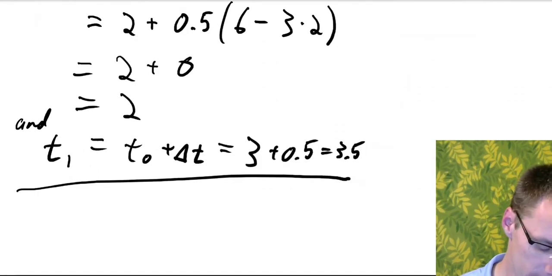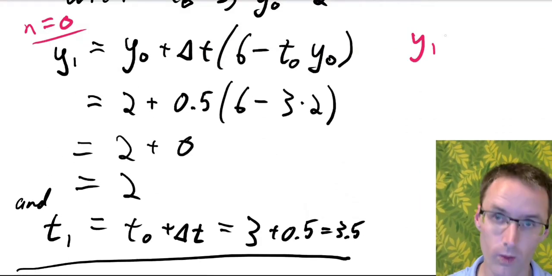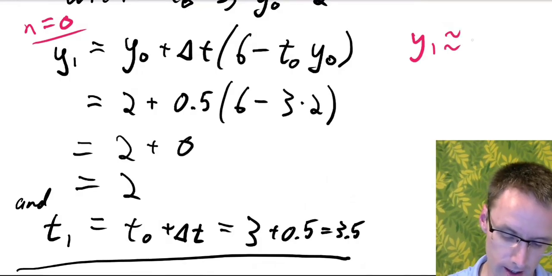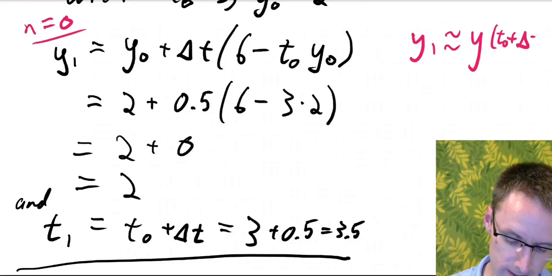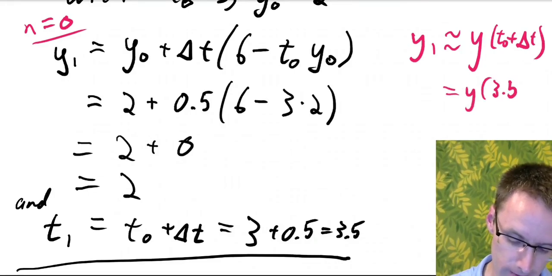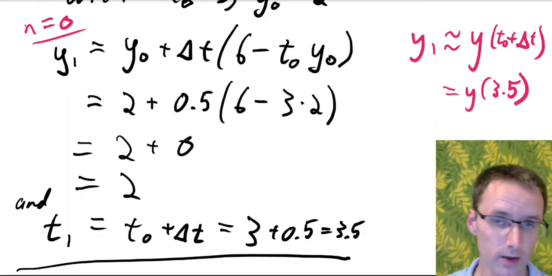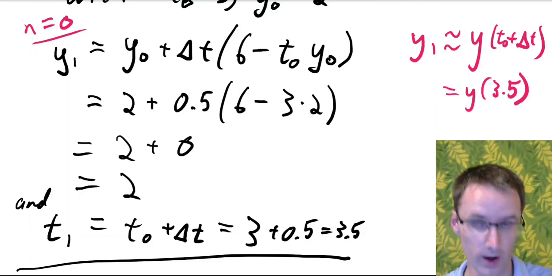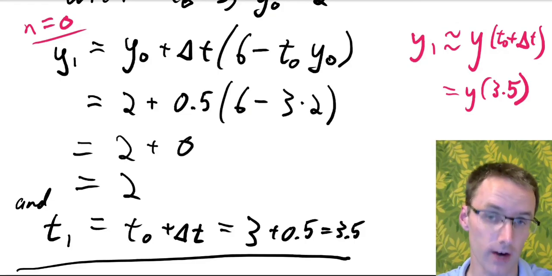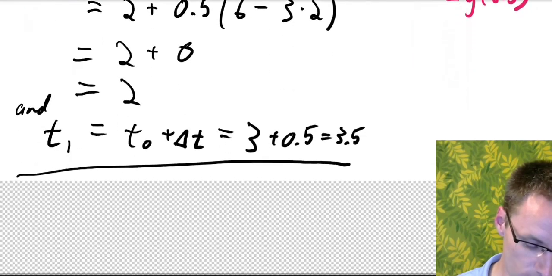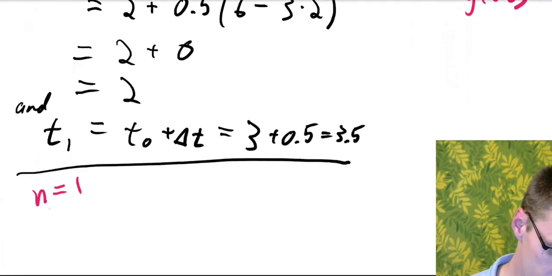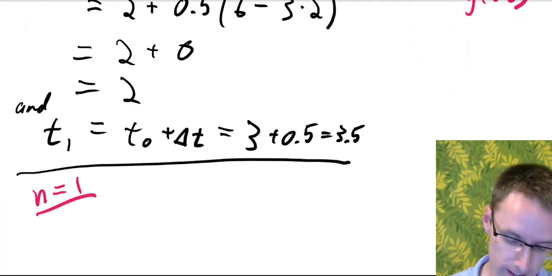To go a little bit further, remember, because y1 is an approximation of y at t0 plus delta t, which is y at 3.5. So for y1, we've taken a step of 1/2 in time. We need to take another half step to get all the way up to t equals 4. So that means we should stop at the n equals 1 case.